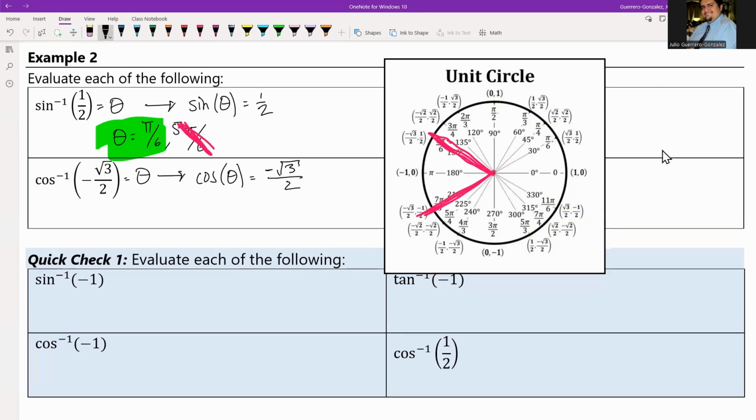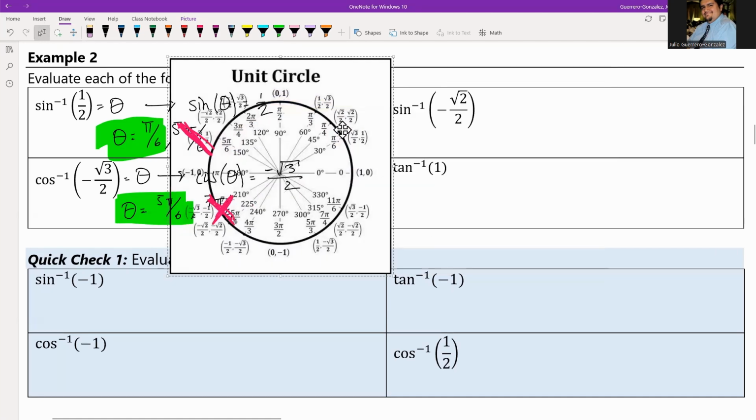So my two answers here, theta, are 5 pi over 6 and 7 pi over 6. But the range for cosine inverse has to exist in this strip right here, so that automatically cancels out that one. It can't be 7 pi over 6. My answer is 5 pi over 6. We are done. Hopefully you guys are getting the hang of this. Let's move on to the other ones over here.